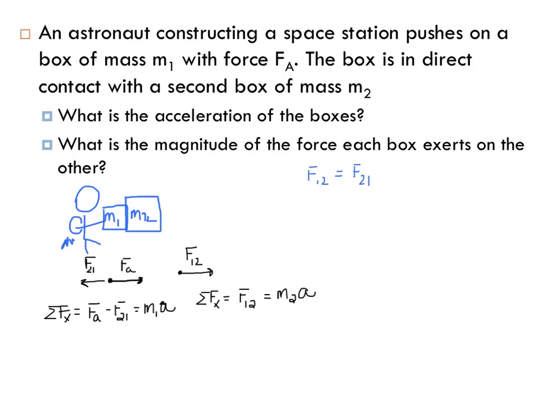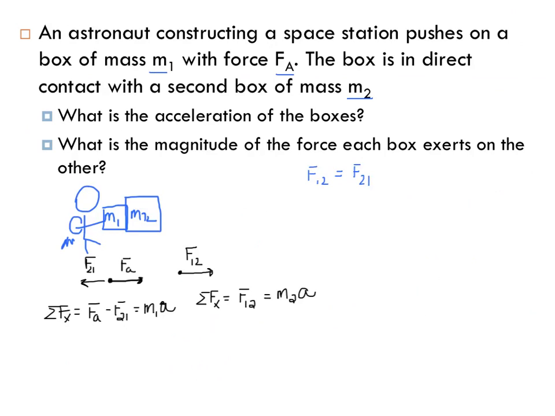So again, if I want to solve for my acceleration, I want to make sure it's in terms of things that I already know. In this case, all that I know is mass 2, mass 1, and the force applied. So my acceleration needs to only have those three variables because I don't know what F12 or F21 actually is.